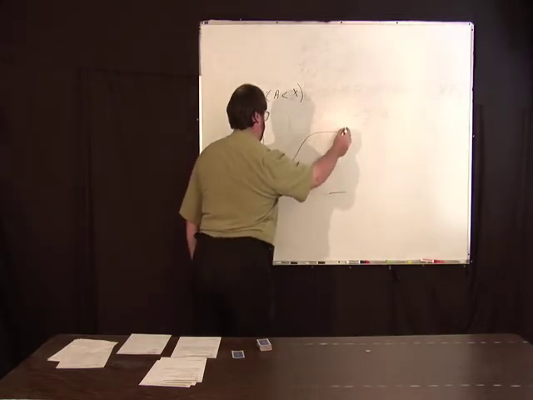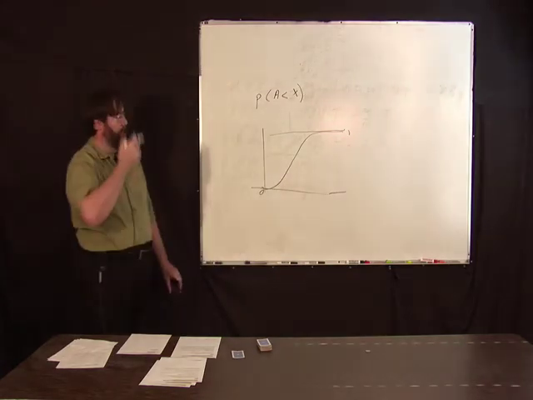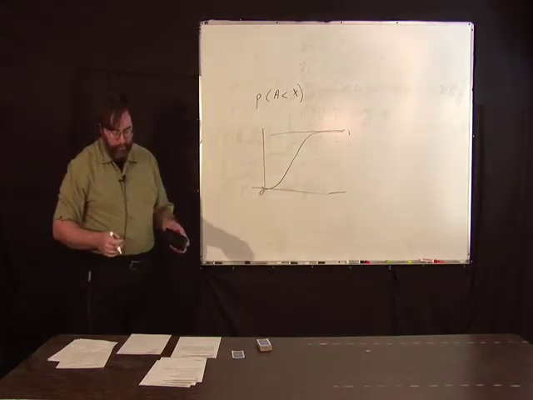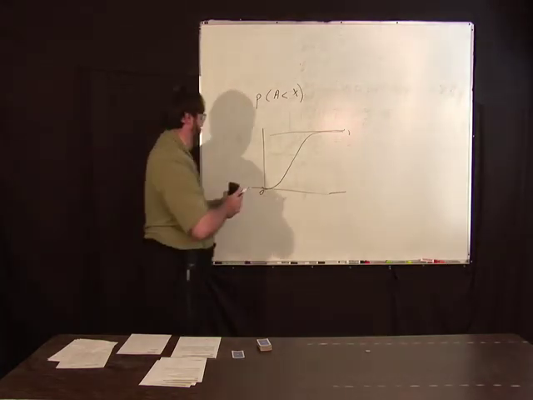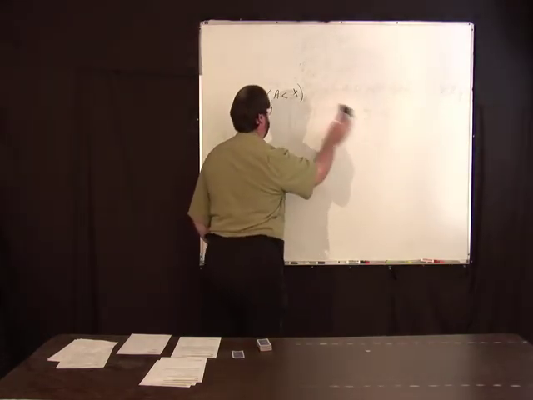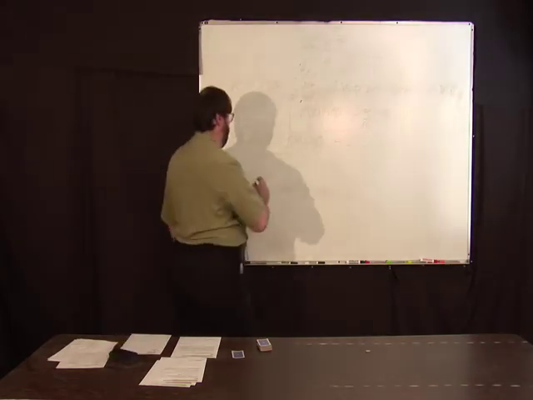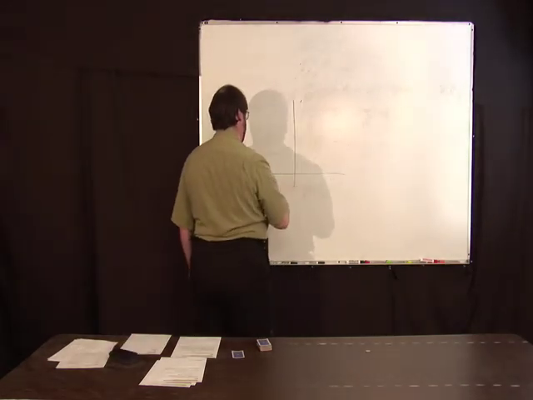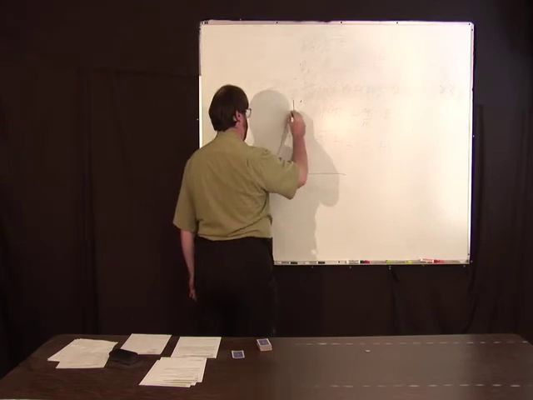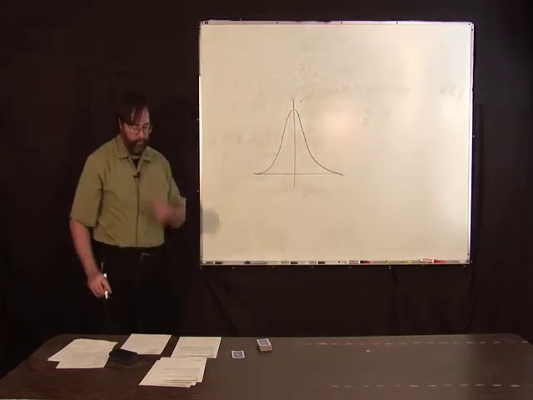It starts at 0 and goes to 1. If you take the derivative of that, you get something called a PDF, which is what we talked about last time. A typical one looks like this, like a bell curve.